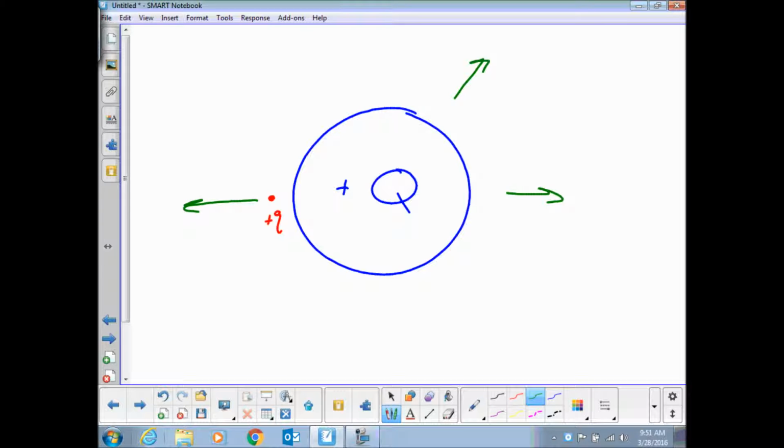And so these green lines represent what is known as the electric field. The electric field for a positive charge points directly away from it in all directions. The electric field is basically the direction a positive test charge wants to move when there's that electrostatic repelling force on it. Okay.